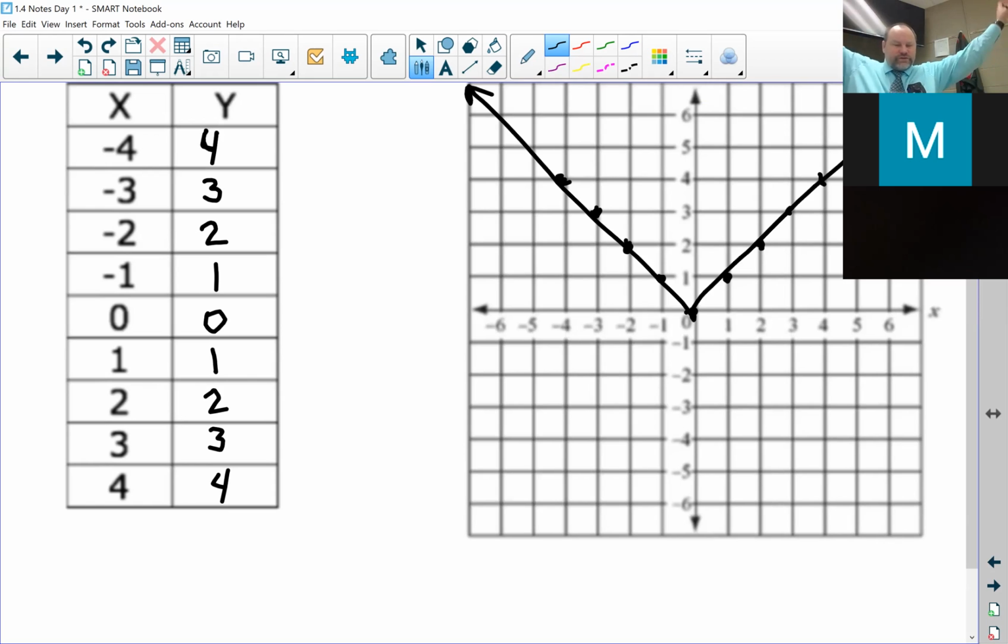And it continues forever in both directions. All right. But we could change that. We could do some transformations on that function.